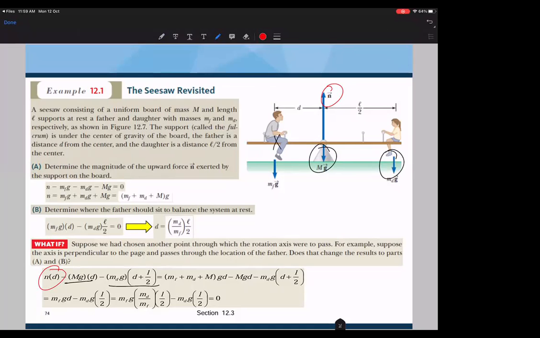After the calculation, you will find that it is still equal to 0. The total sum of the net torque about the father is still equal to 0. So this would be a proof that it is in a static equilibrium.